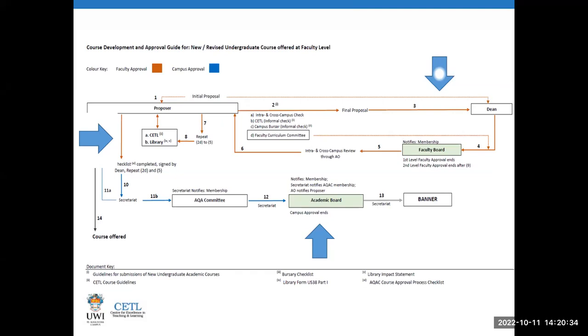So they may suggest that this course or program could be offered as an online course. Those are the things that they note. And of course, they give the overall approval.